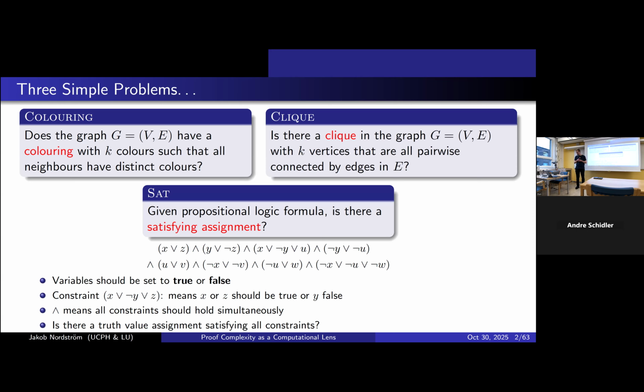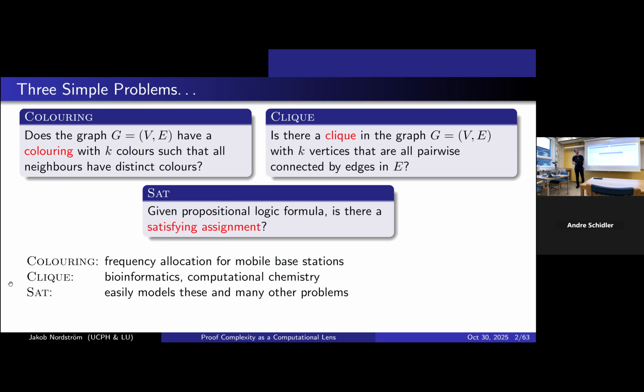And a constraint like the third one here should be read as x or not y or z, which means that either x or z should be true or y should be false. And we're looking for a truth value assignment that satisfies all constraints simultaneously. This is what these ands mean here. So these are the 3 problems we care about today.